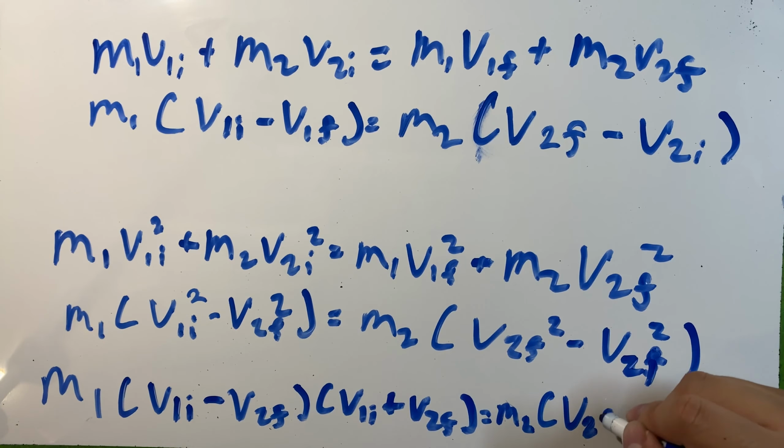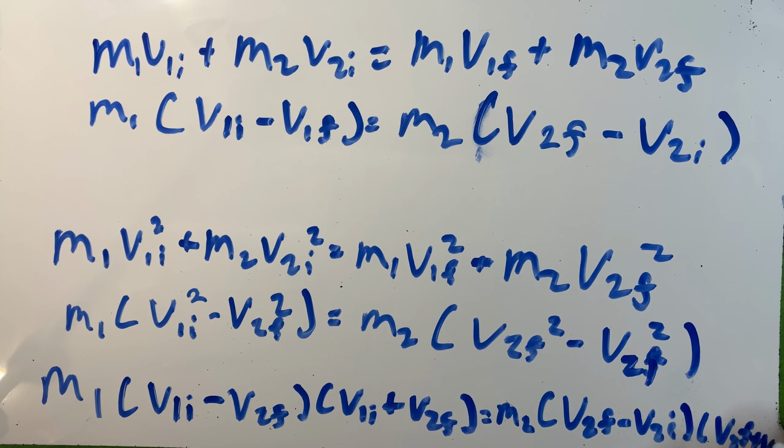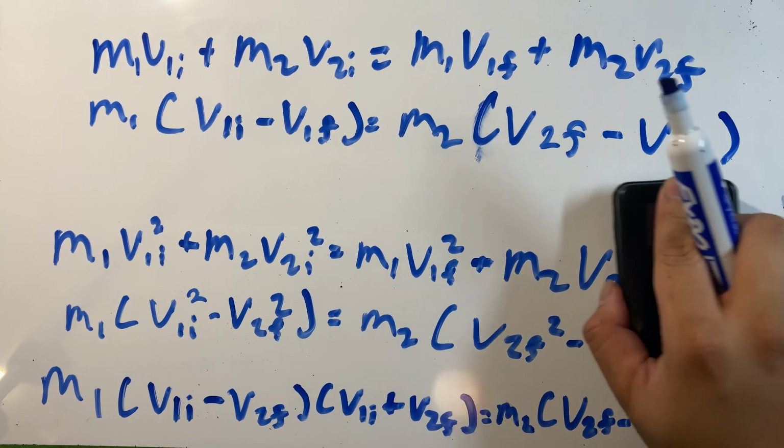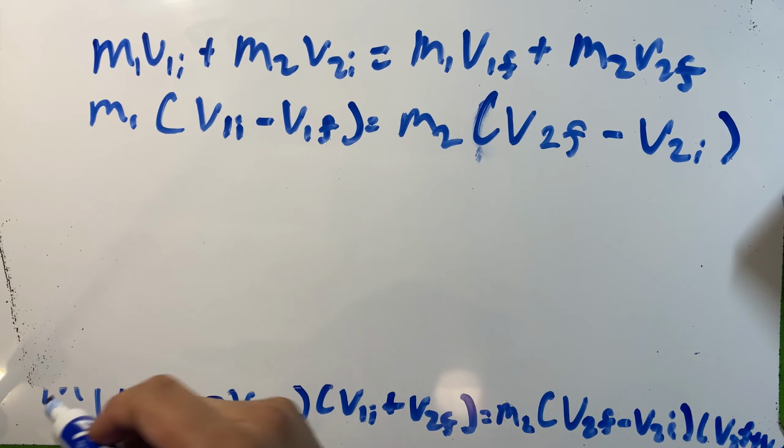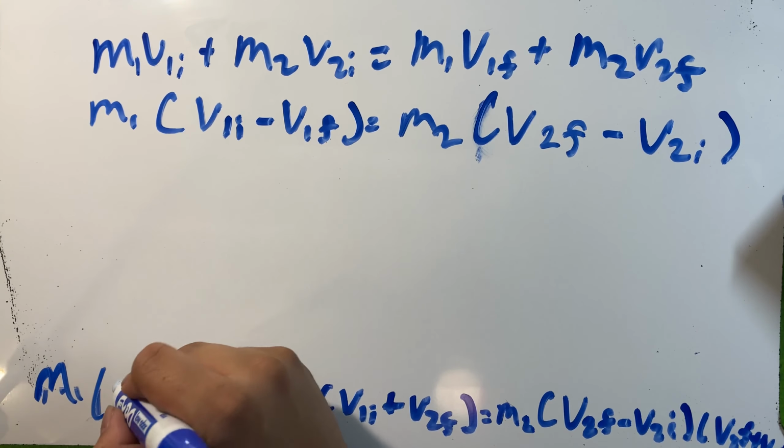And (V2f minus V2i)(V2f plus V2i). Sorry, I kind of trailed off there because expanding it is quite a bit. But if you look here, oh shoot, sorry, I erased some of that. It's kind of important.